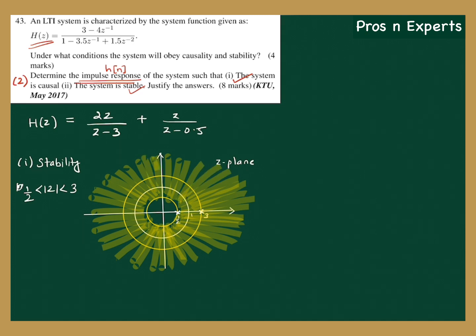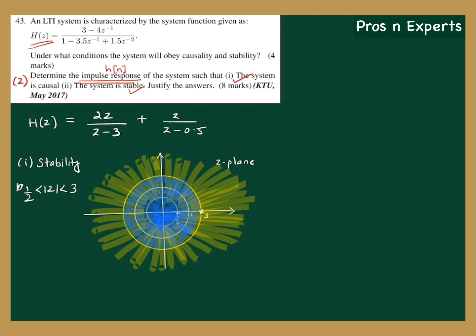That's for the pole half, and for the pole 3, the ROC should be something like this. Inwards, right? So with respect to pole 3, the ROC should be like this.